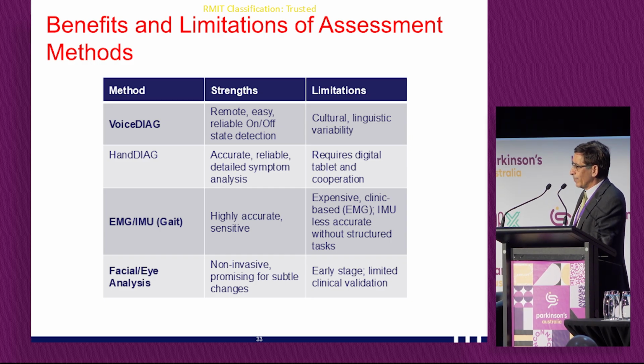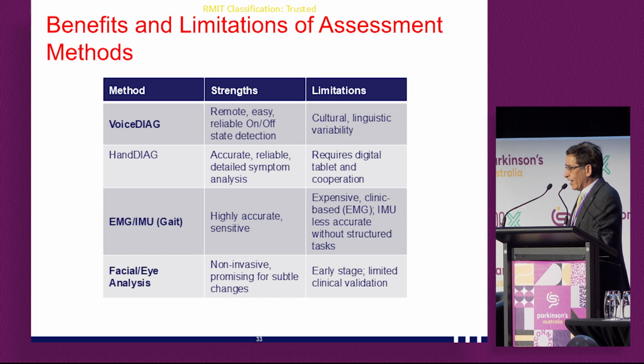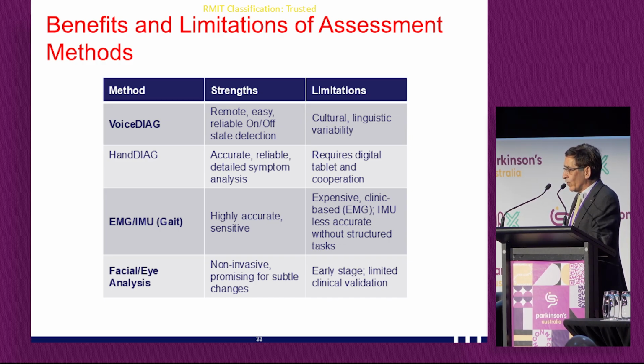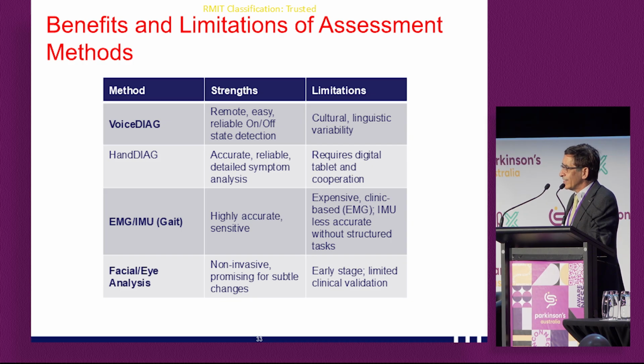We have considered some, but not completely. For handwriting, as I mentioned, a digital tablet is still required. The clinical IMUs can be expensive, and the smart watches have lots of limitations on the quality of the data, the accuracy, etc.